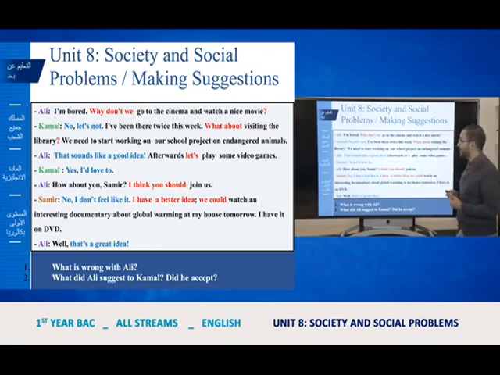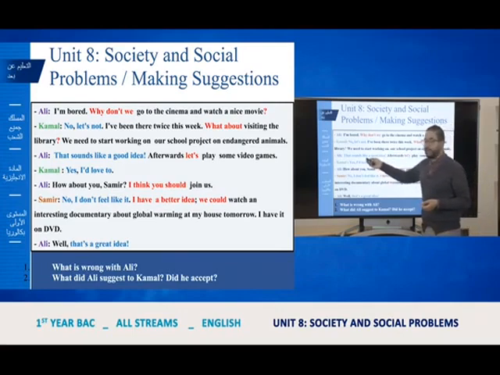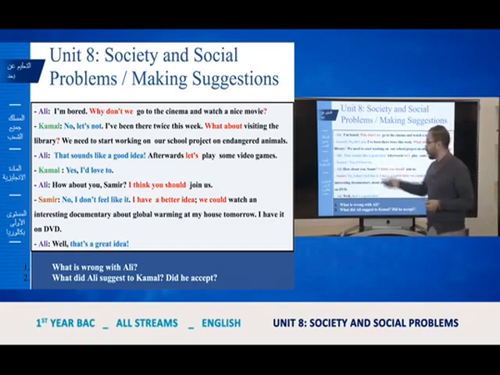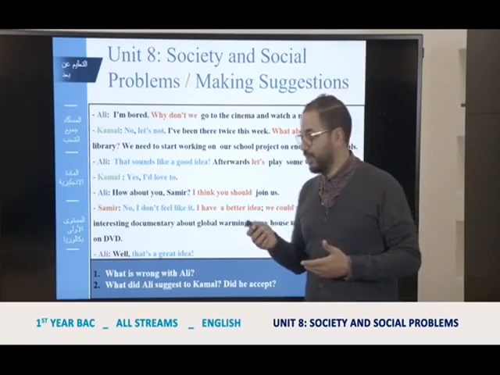Then we can answer whether we accept or refuse. You can say no, let's not, or if you accept, you can say that sounds like a good idea, or yes, I'd love to, or no, I don't feel like it, or that's a great idea. So we make suggestions, we can accept or we can refuse.